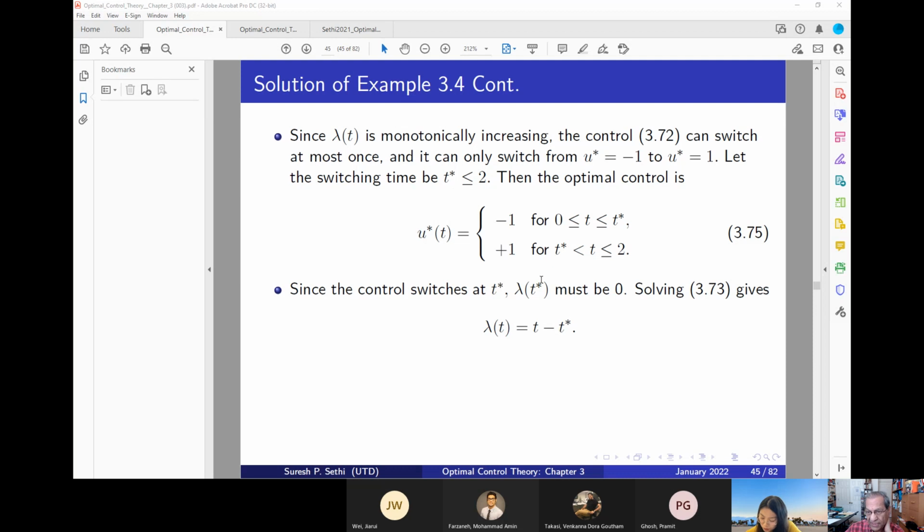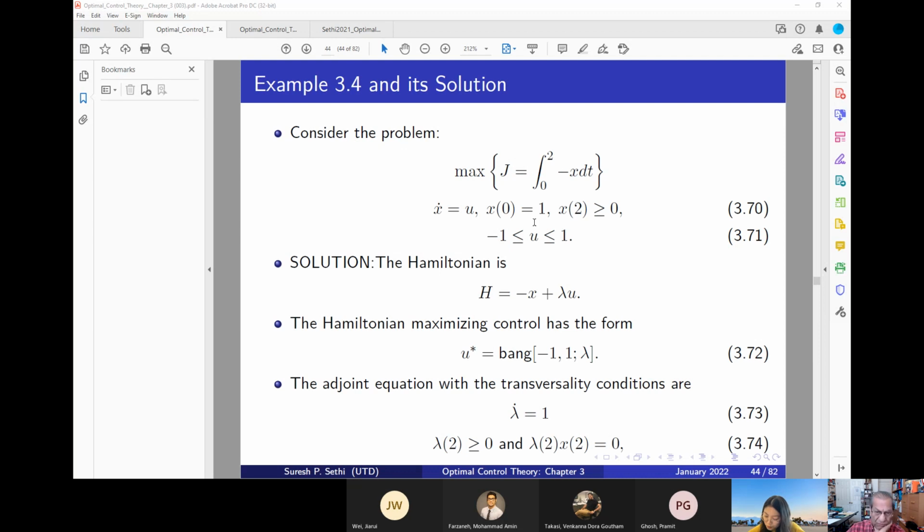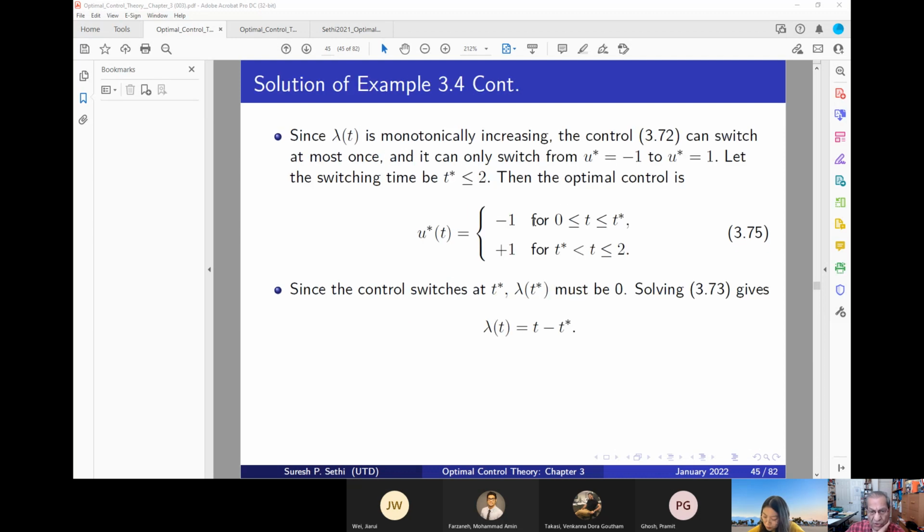So let's do it, what I mean by this. Because it's monotonically increasing, there may be some switching point T star. And that T star certainly has to be less than equal to 2.